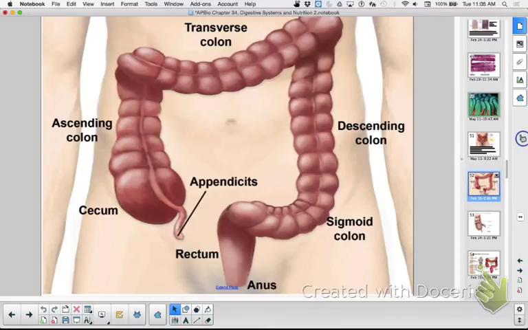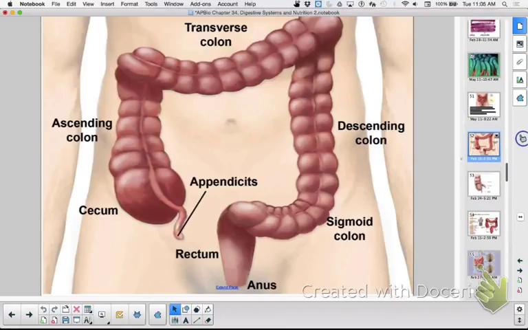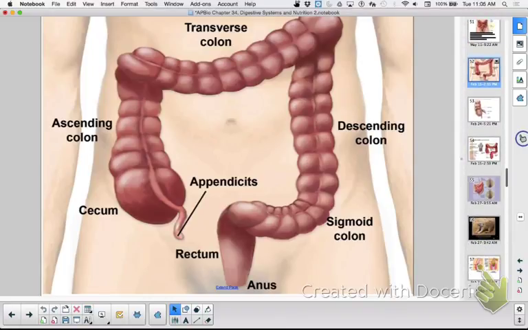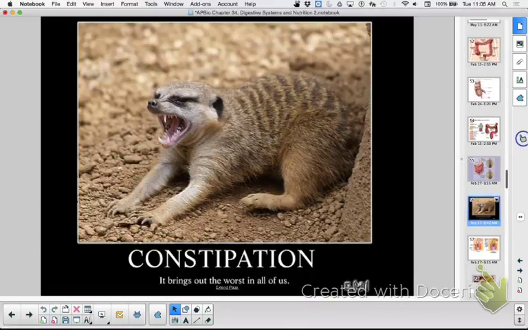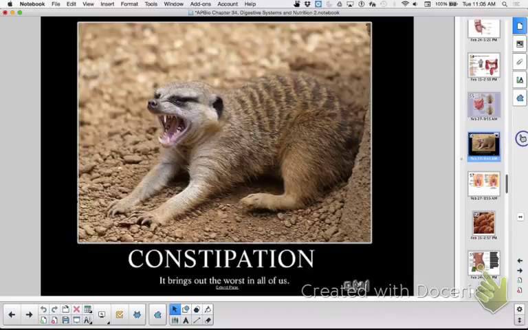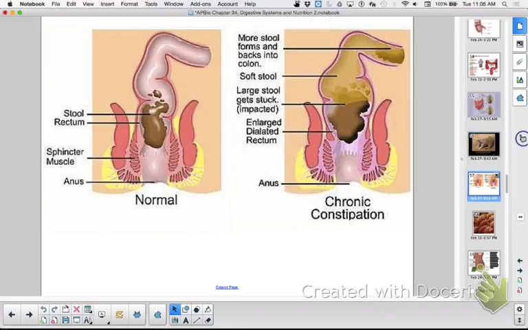And you know, if it moves through too fast, what are you gonna get? What happens if food moves too fast through your large intestines? You'll get diarrhea. And if it moves too slowly, what are you gonna get? Constipation. If you don't have enough water, your fecal material can become stuck there, right?